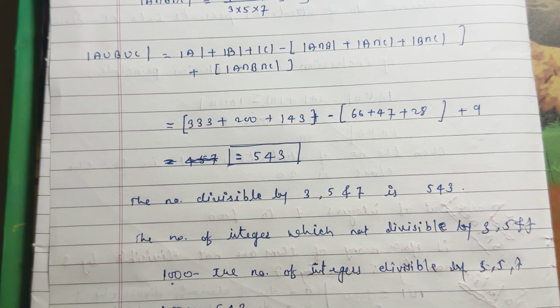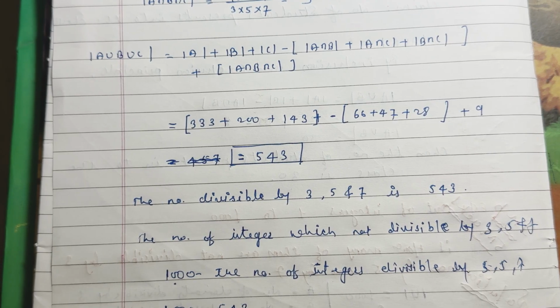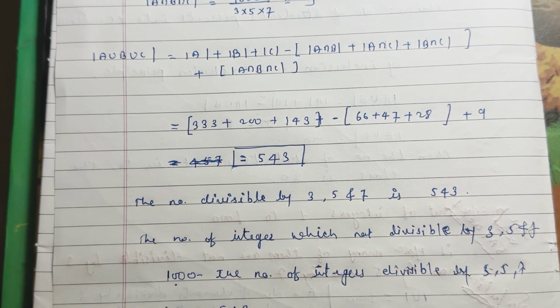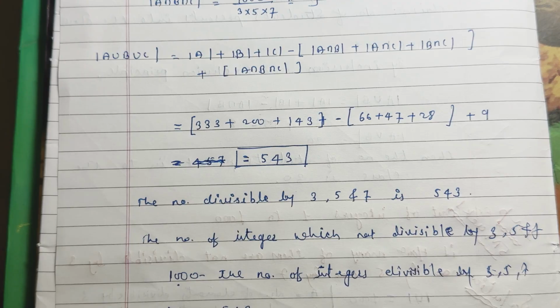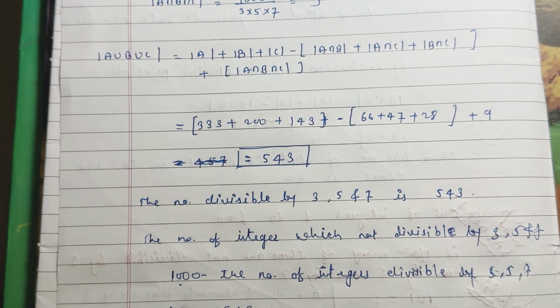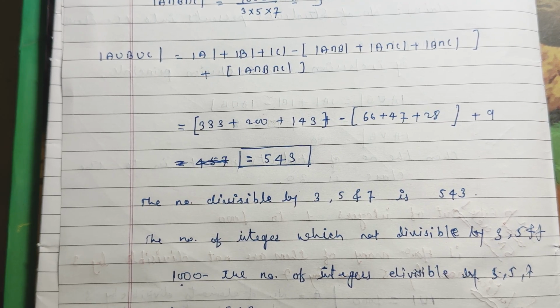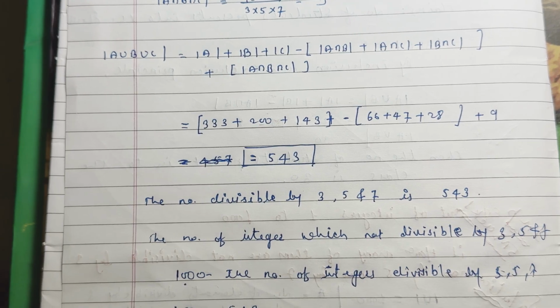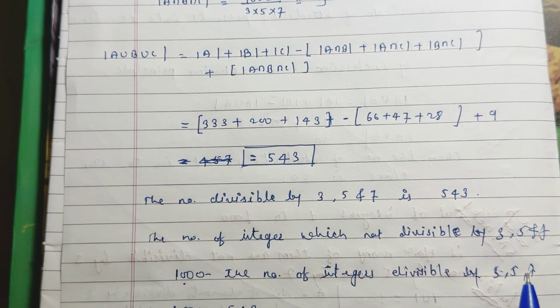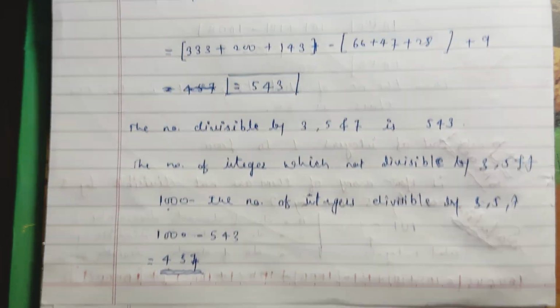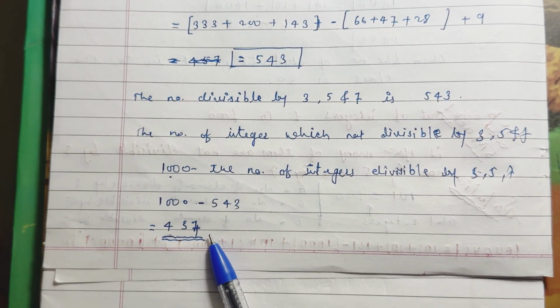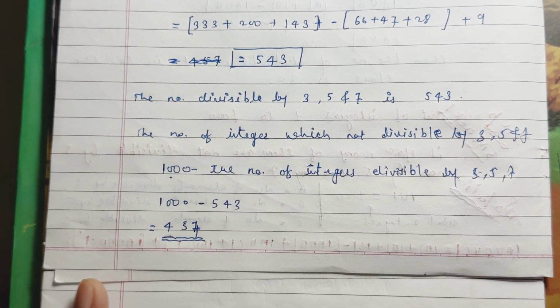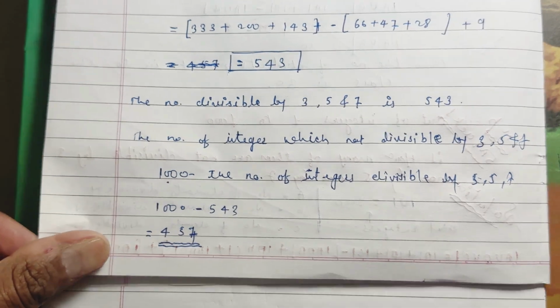So 1000 minus 543, you will get 457. That means the number of integers which are not divisible by 3, 5 and 7 is 457. Okay, this is the required answer. See guys, how easy the question is.